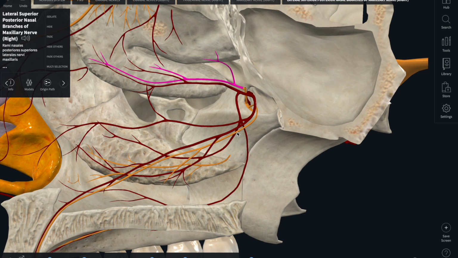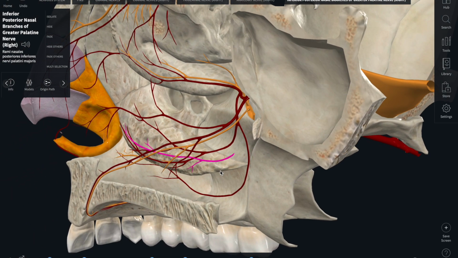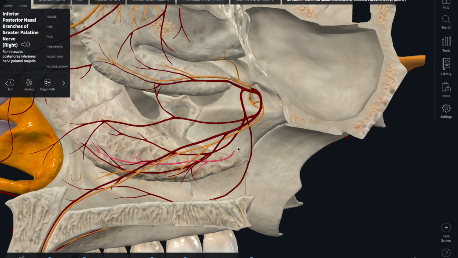So the long sphenopalatine is the nasopalatine nerve. The short sphenopalatine is the posterior superior lateral nasal branch. And then inferiorly, we have the posterior inferior lateral nasal branch, and that runs along the inferior nasal concha, and that also comes from the greater palatine nerve. So that's the nervous supply.